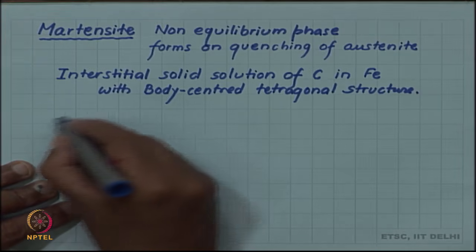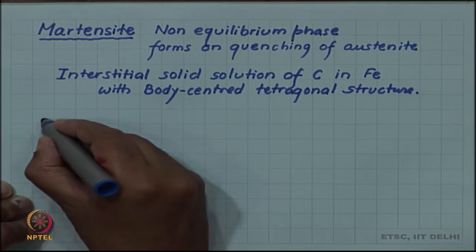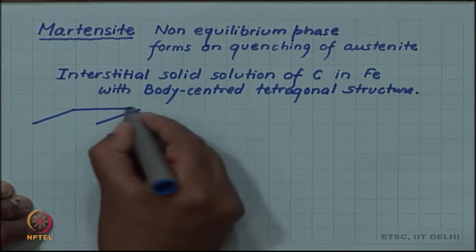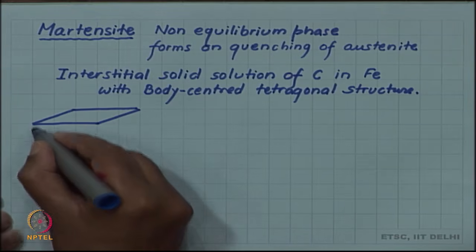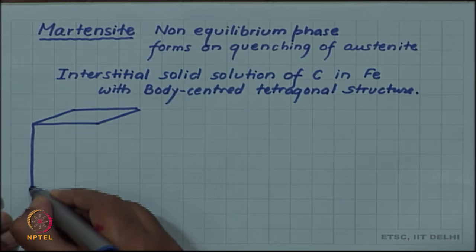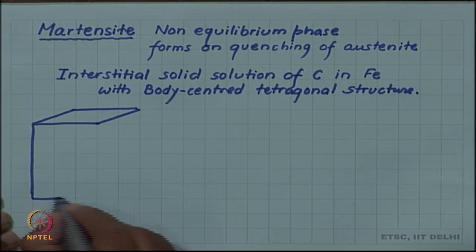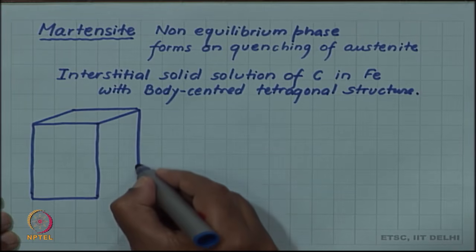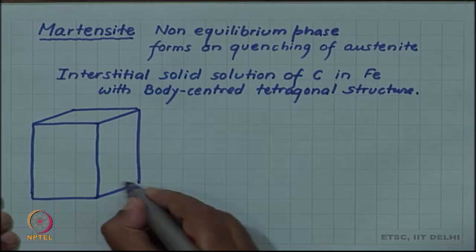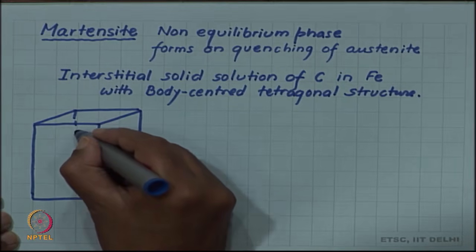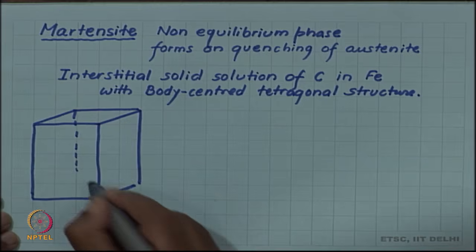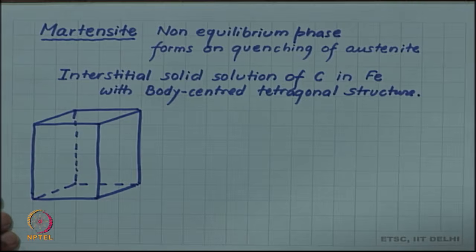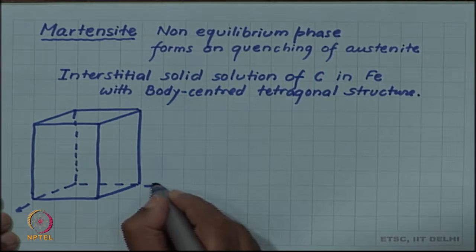You recall, by body centered tetragonal we mean the unit cell of body centered tetragonal will be like body centered cubic. Only thing is that one of the axes, the C axis, will be longer than the other two edges of the unit cell.